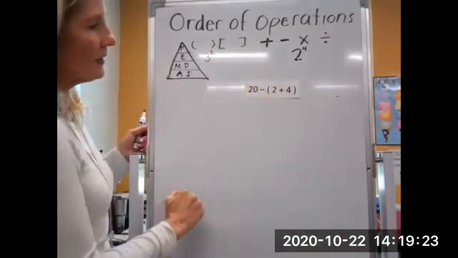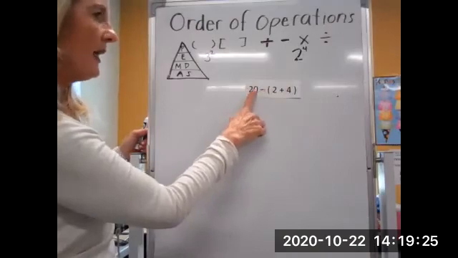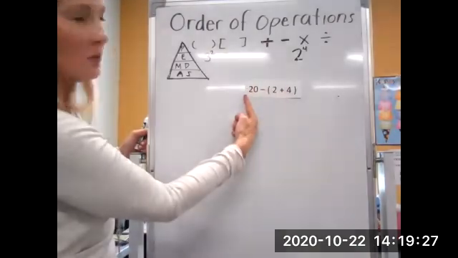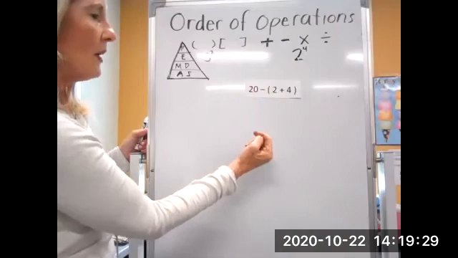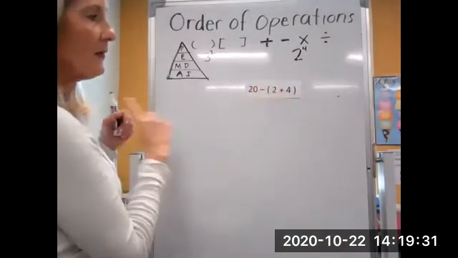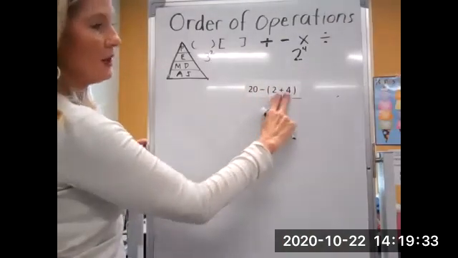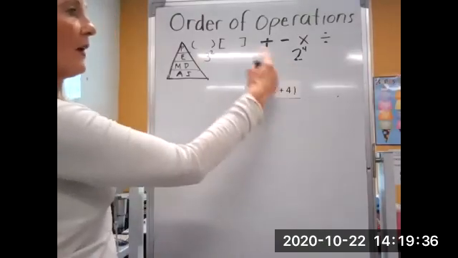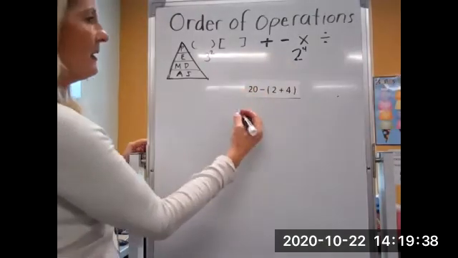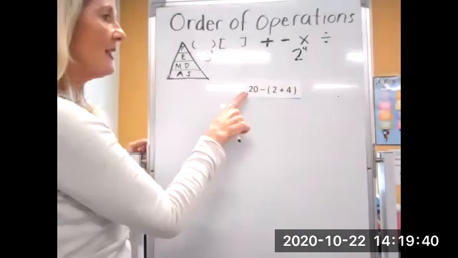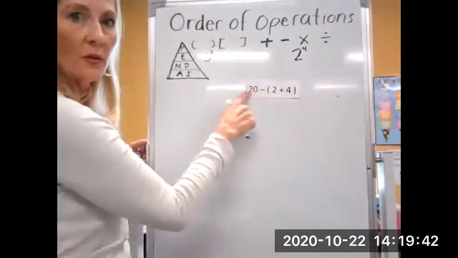How about this one? I see 20, and I'm taking this amount away from 20. So I want this amount as the sum of 2 and 4. So I'd probably say the sum of 2 and 4 subtracted from 20. What you should notice is that it doesn't always go in the order that it's written in.